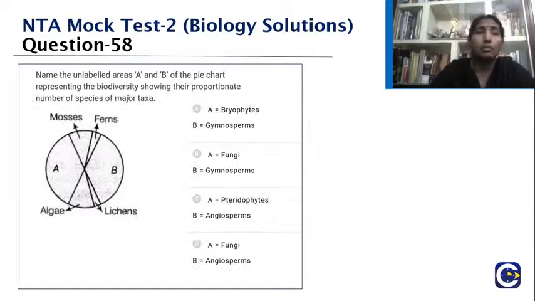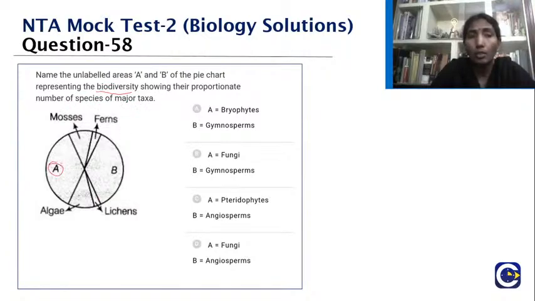Here comes a picture. If you have gone through your textbook, you will be able to answer this very easily. Name the unlabeled areas A, B of the pie chart, which is representing the biodiversity, showing their proportionate number of species of major taxa.